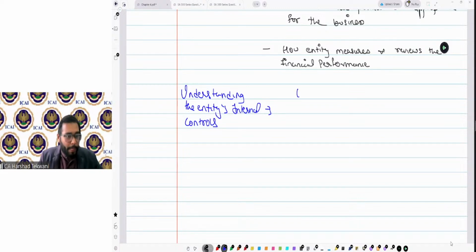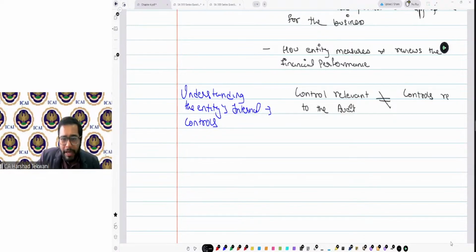Controls relevant to the audit is not equal to internal controls related to financial reporting.